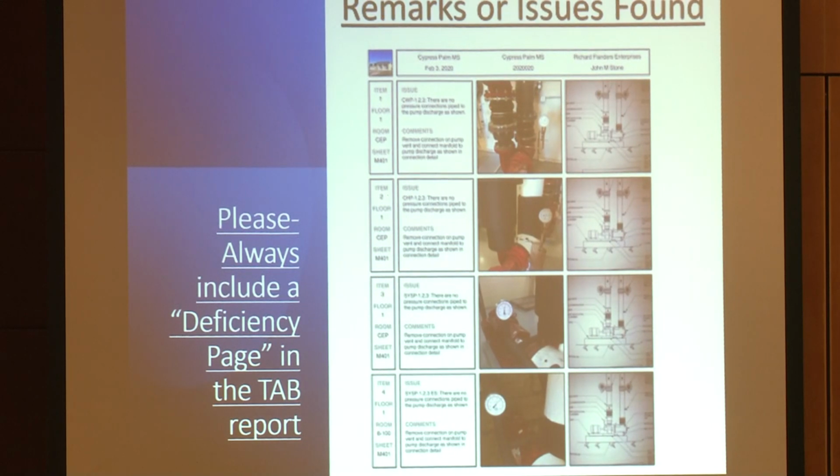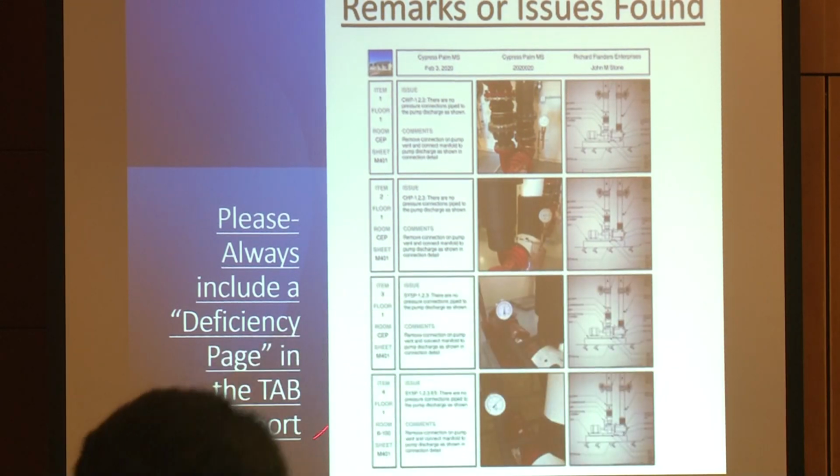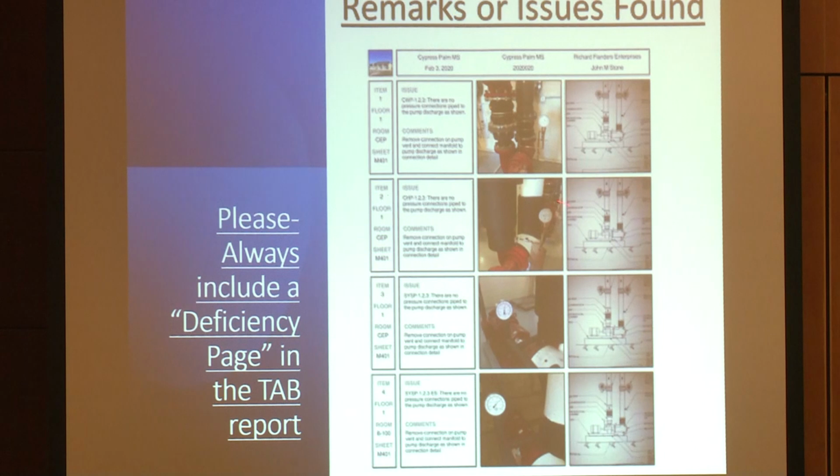The other thing that's important in any TAB job is you need to constantly keep track of the deficiencies or what is not working. It's like the commissioning issues log, you know. It's the TAB version of the commissioning issues log. We call it a deficiency report. It's everything that you find that's not working and that needs to be fixed.